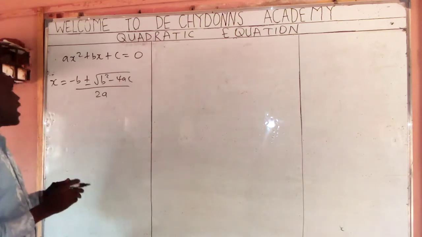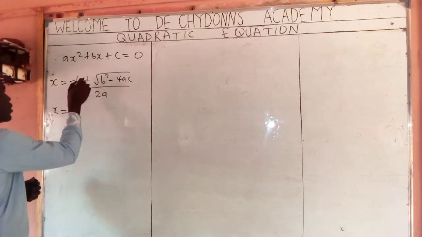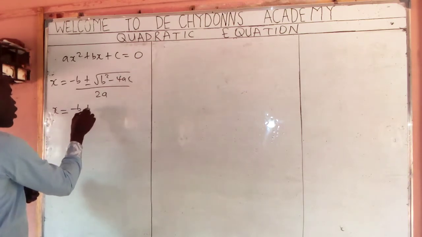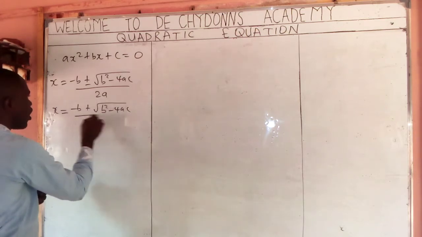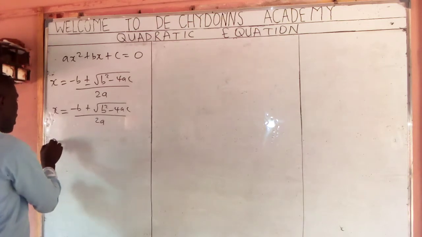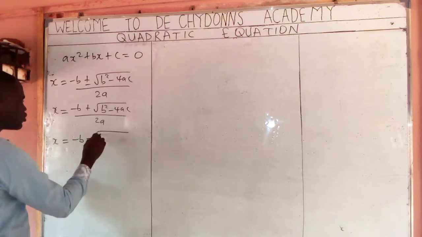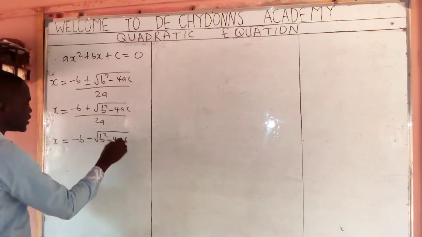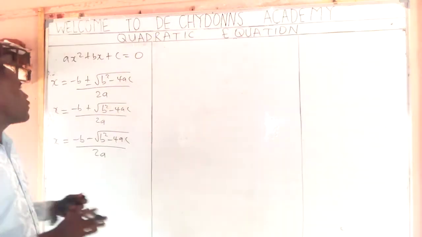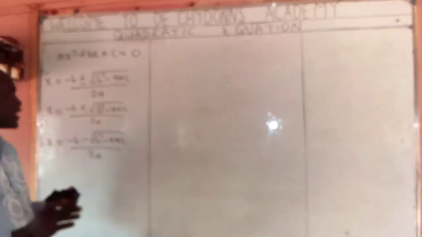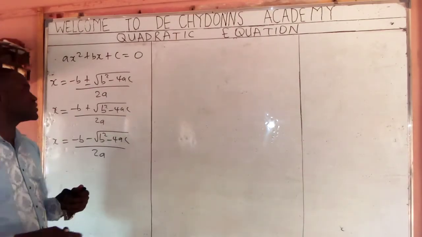So we now establish a fact that x is equal to minus b plus root b square minus 4ac all over 2a, or x equal to minus b minus root b square minus 4ac all over 2a. That tells you that after solving a quadratic equation, you must have two answers. And this is the formula for the first answer, and this is the formula for the second answer.